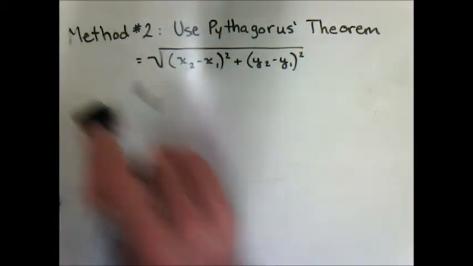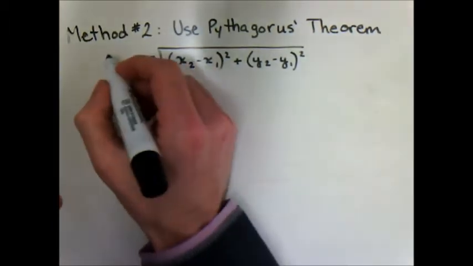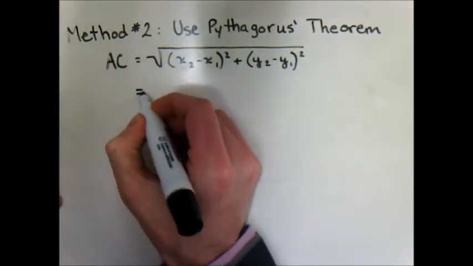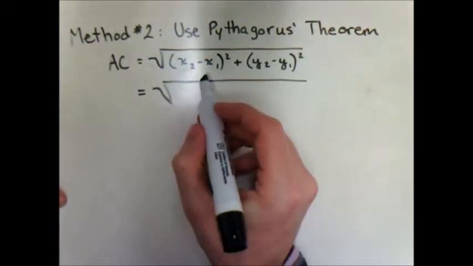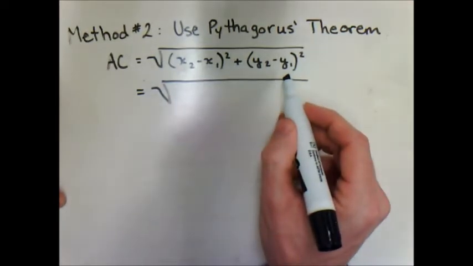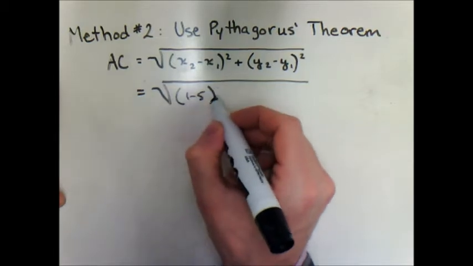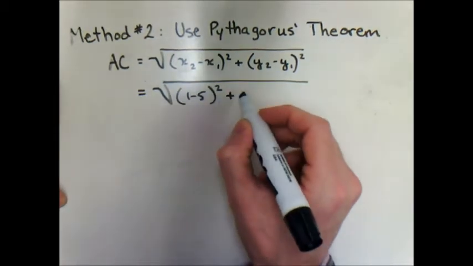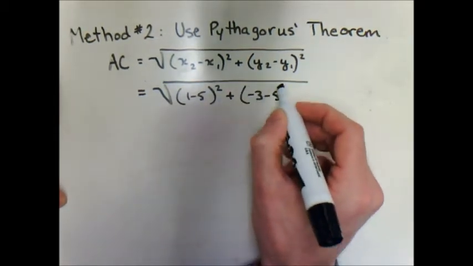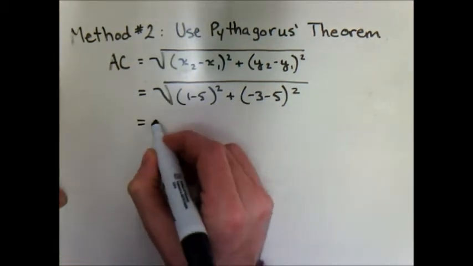Let's go again for AC, the line segment AC. Using our formula for the length of a line segment, we can sub in our values again. We've got 1 minus 5 squared plus -3 minus 5 squared.